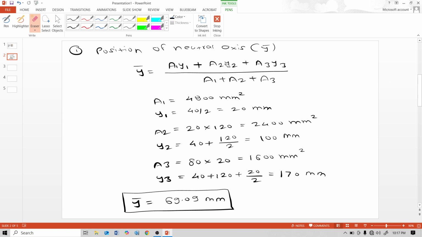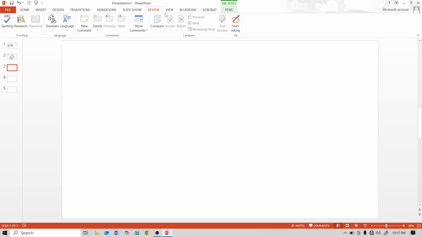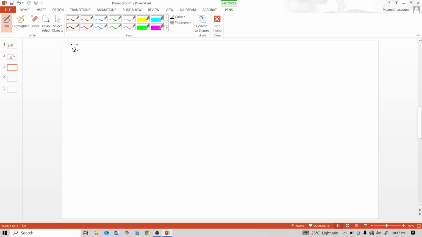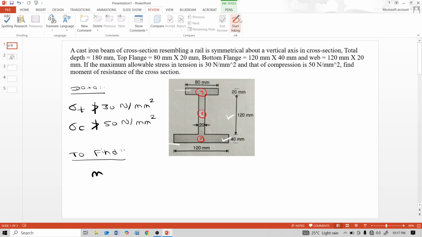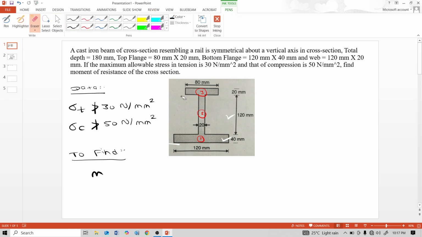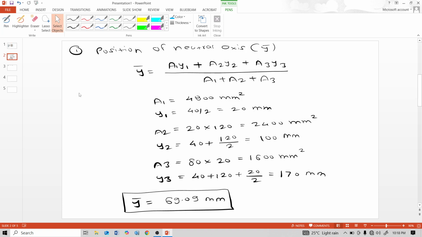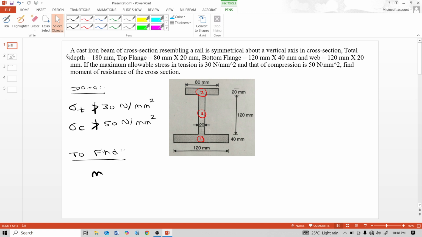Now the next step is to calculate the moment of inertia. The position of the neutral axis is 69.09 mm from the bottom.